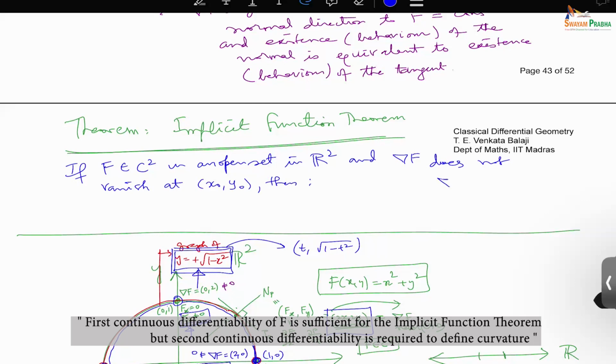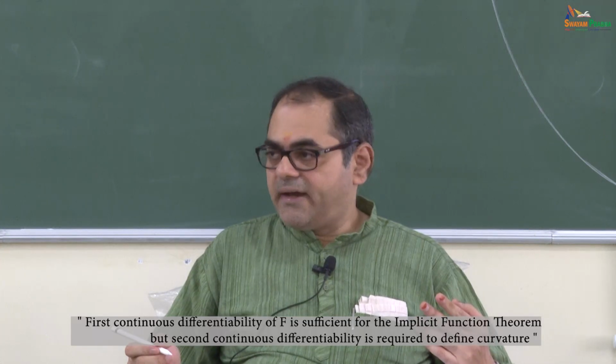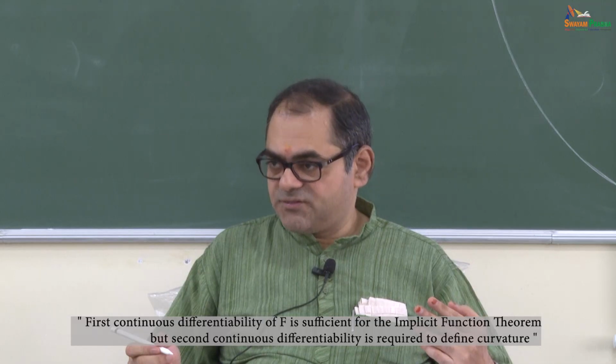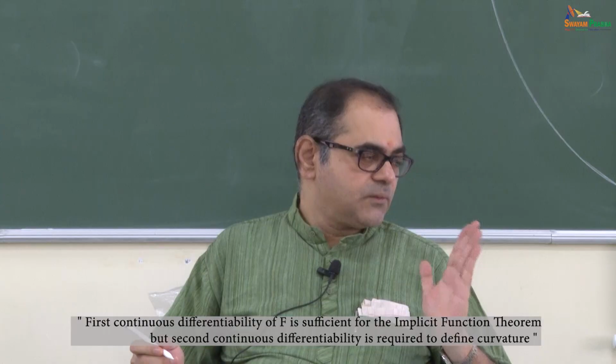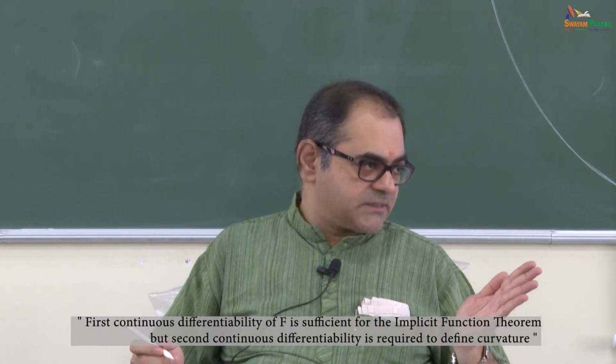Mind you, the gradient of f is just fx comma fy. I am writing it as components, but you also write it as a vector, i ∂f/∂x plus j ∂f/∂y, where i and j are the unit vectors along the x and y directions.